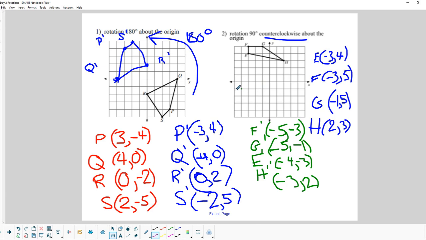Negative 5, negative 1. Negative 4, negative 3. And negative 3, 2. So we go like this, go like that. And there is our new shape.